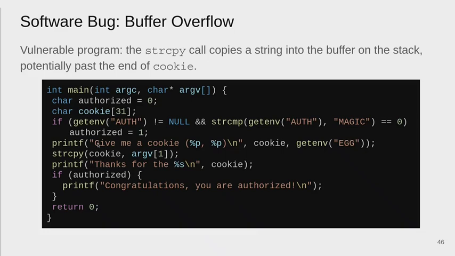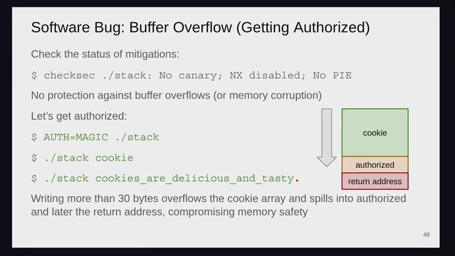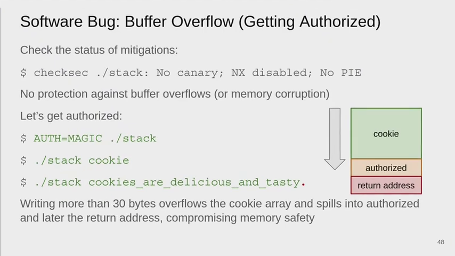This is an example of a buffer overflow. I will upload this so that you can play with it, just for demo. Or let me see if I can run a very quick demo on this.